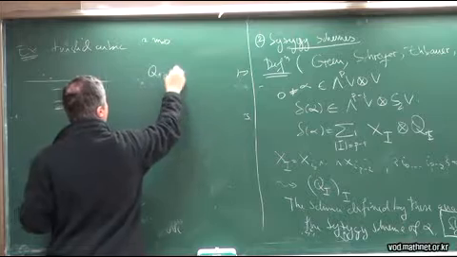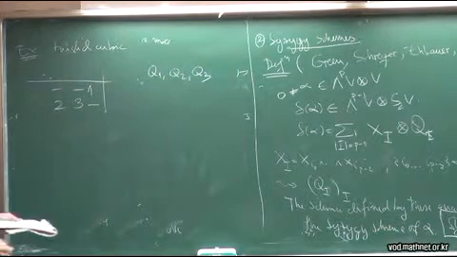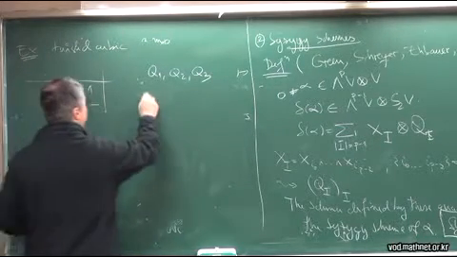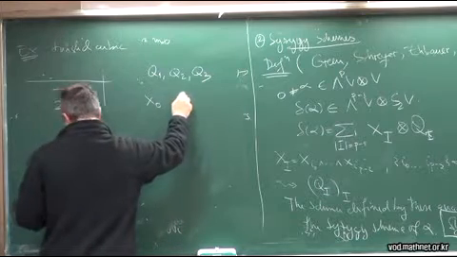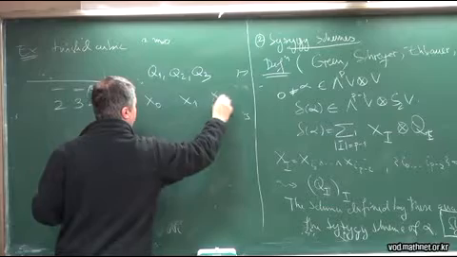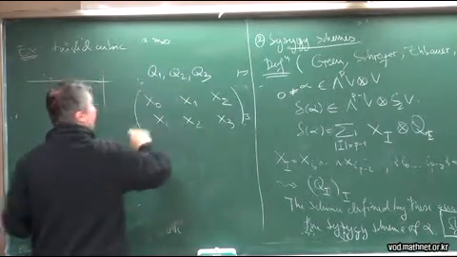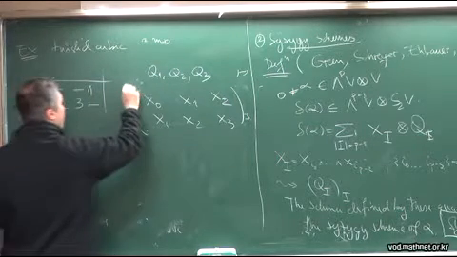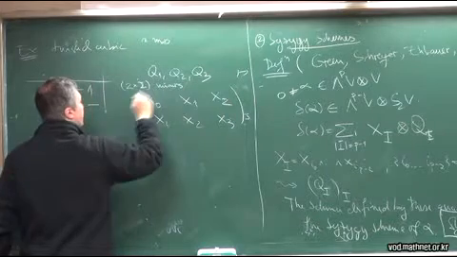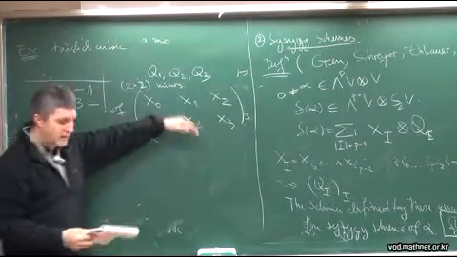So we have Q1, Q2, Q3, the quadrics which generate the ideal. And we have 2 relations. These quadrics are the 2x2 minors of the matrix with rows x0, x1, x2 and x1, x2, x3. So the 2x2 minors of the matrix.